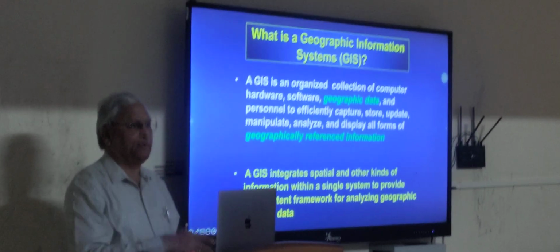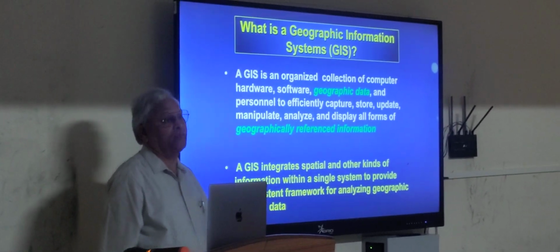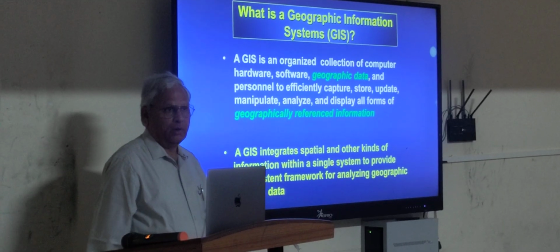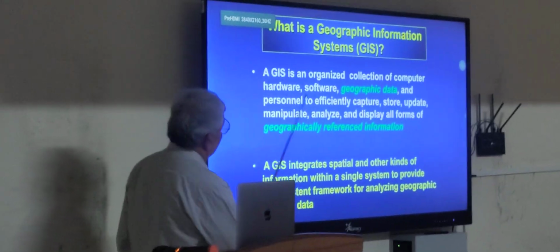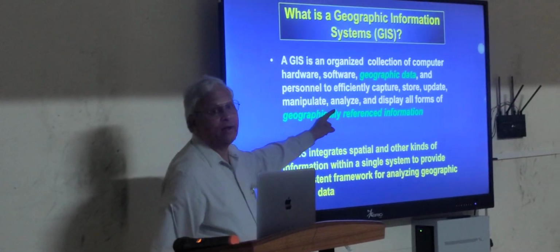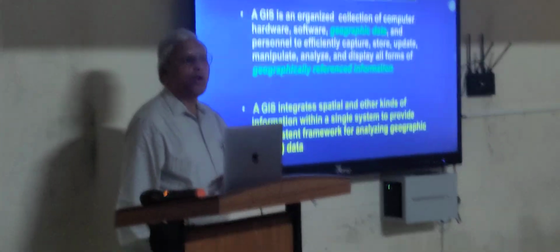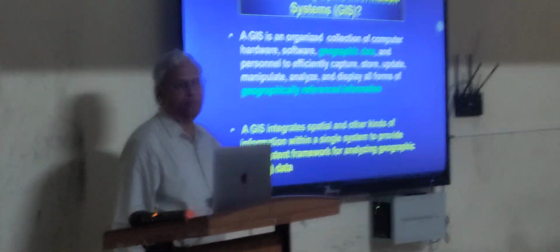The other system I'm sure you must have heard about is the geographical information system. Like any other information system, you have an organized collection of computer hardware and software, but not just normal data; you have geographic data where your coordinates are known.